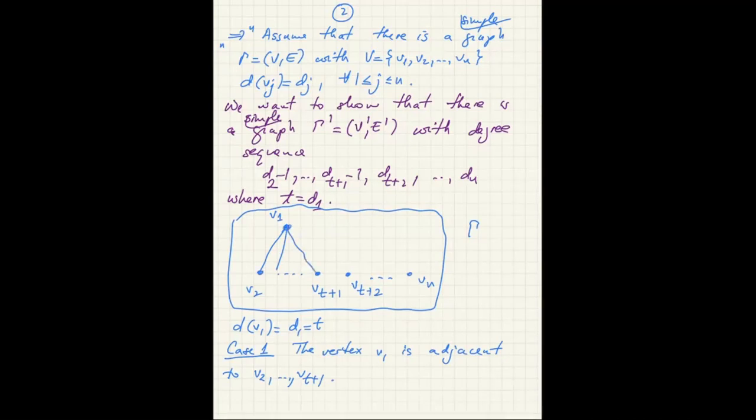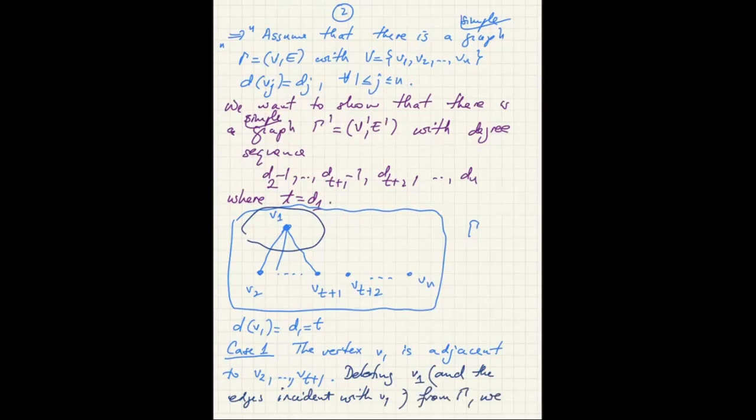Okay. So in this case, what we are going to do is remove the vertex v1 from the graph. So deleting v1, and automatically the edges incident with it, from gamma, we get a graph gamma prime, and here we can check fairly quickly.